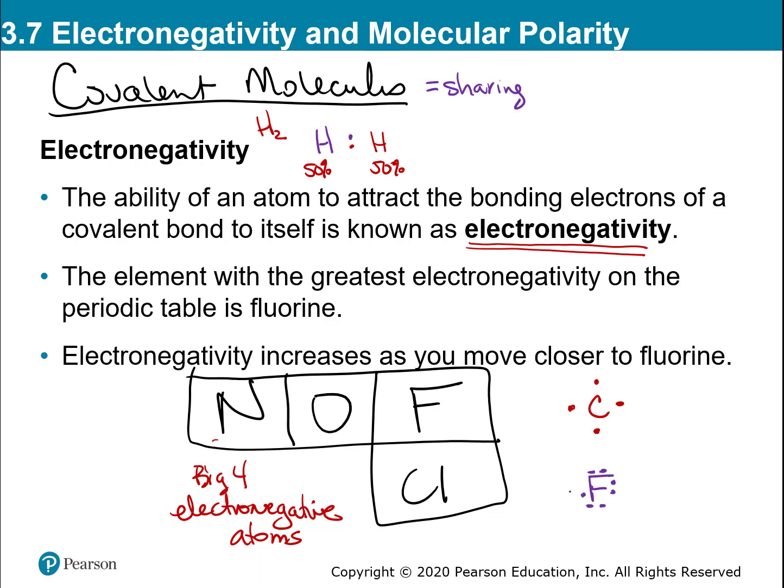So the fluorine pulls its electrons and holds them really tight. Electronegative just means it is the electron puller. Nitrogen, oxygen, fluorine, and chlorine, those 4 are the big ones.